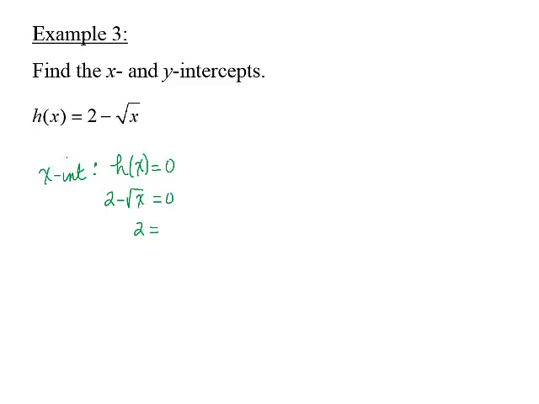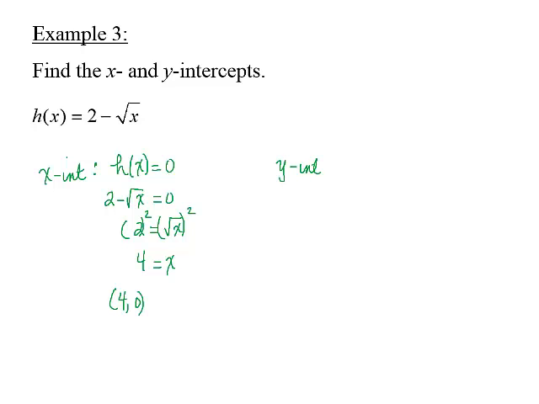We can add the square root of x to each side to get 2 equals the square root of x. So to solve for x, we square each side to get 4 equals x. Technically, with a square root equation, we need to check to make sure our answers are valid. They are valid in the original equation, so our x-intercept is 4, 0.